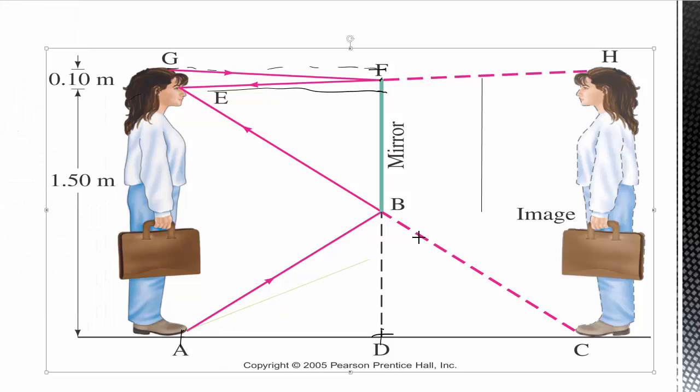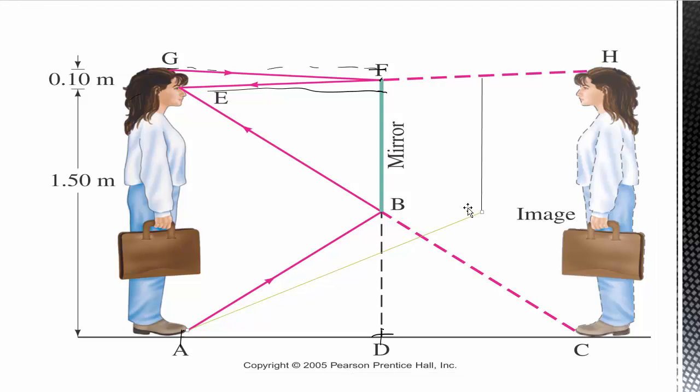A ray coming from my foot meets the bottom of the mirror, and then bounces off the bottom of the mirror and goes into your eye, and one comes from the top of your head, hits this farther mirror, and one more from the top of the mirror back into your eye. We can have the identical argument that the mirror just needs to be half of your height to have this bounce off and into your eye, and that bounce off and into your eye, because this bouncing point is still going to be the midpoint.